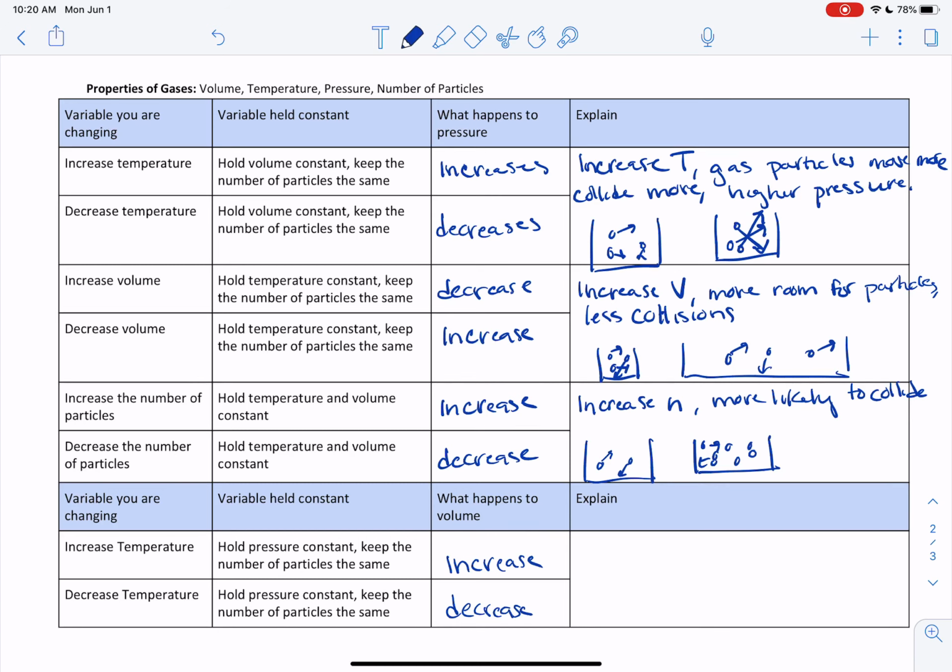Well, if you increase the temperature, that means your particles move more. Okay? So they are going to collide with the sides more. But we said the sides can move, right? They're not stiff. So that means your volume is going to expand.